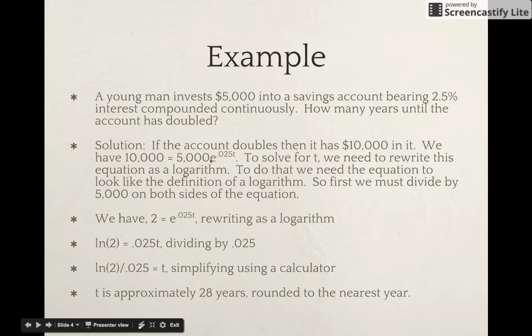You'll notice that the exponential equation has 1 as its coefficient, not 5,000. So before we can proceed with that definition, we need to make sure that the coefficient here is 1. To do that, we'll divide by 5,000 on both sides. That results in this equation here: 2 is equal to e to the 0.025t.